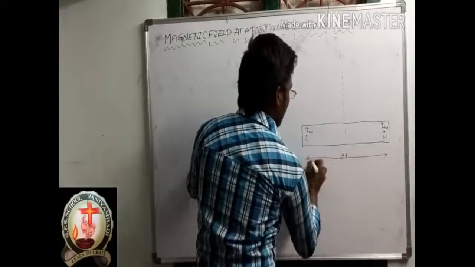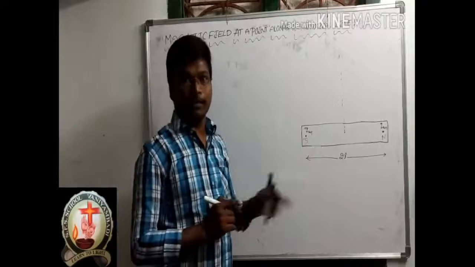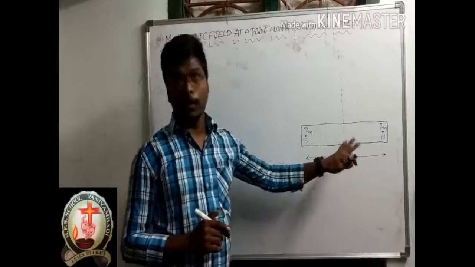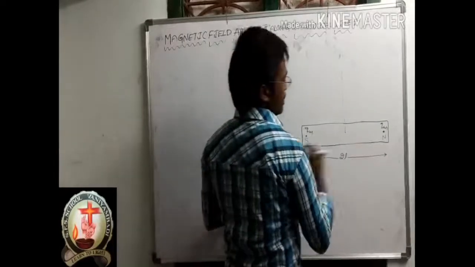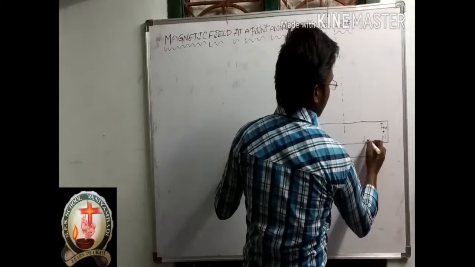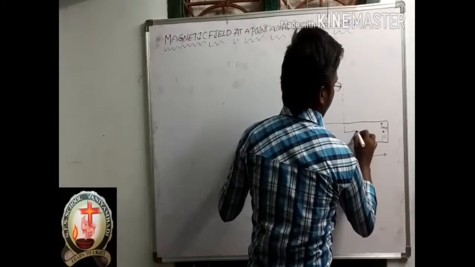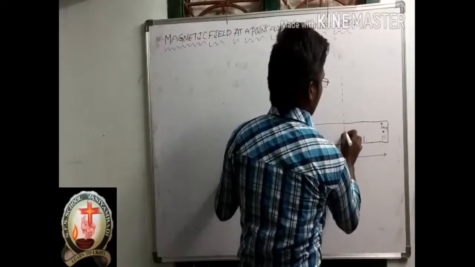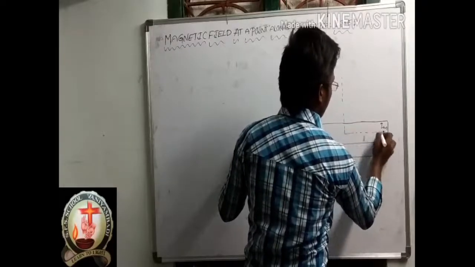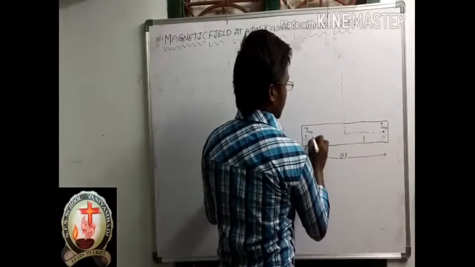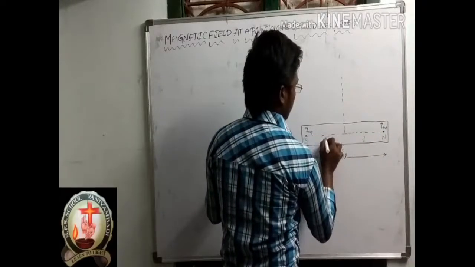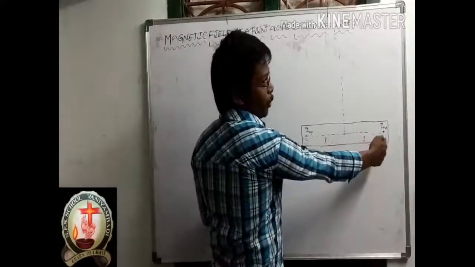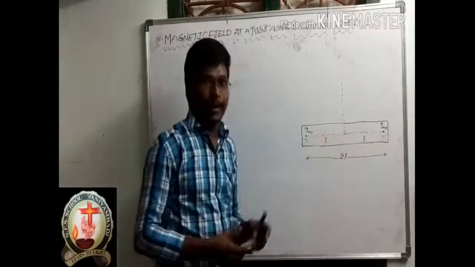Total is 2L means this much: this is L and this is also L. So the total magnetic length is 2L, meaning from the midpoint to each pole is L.